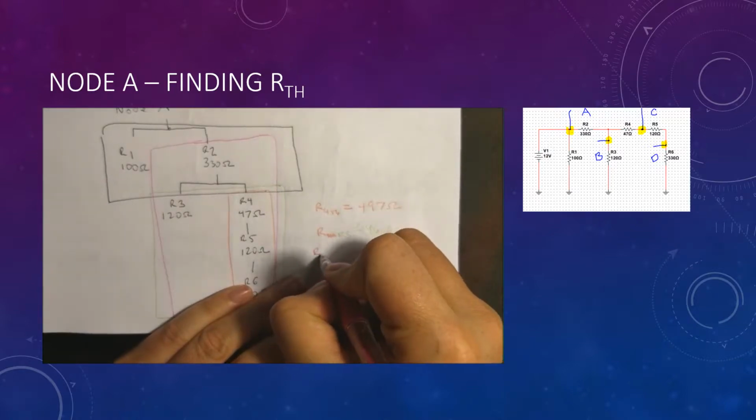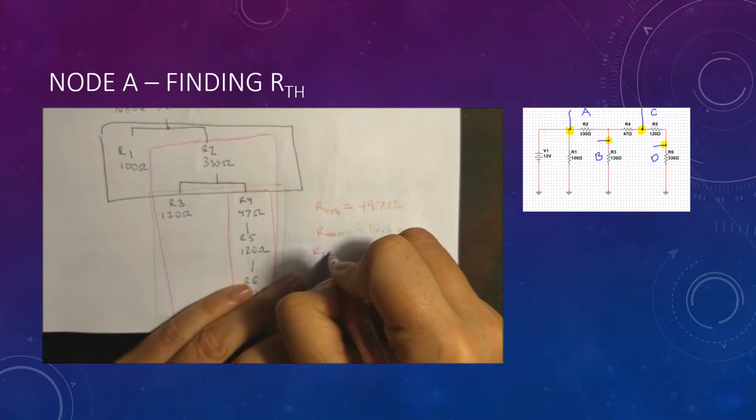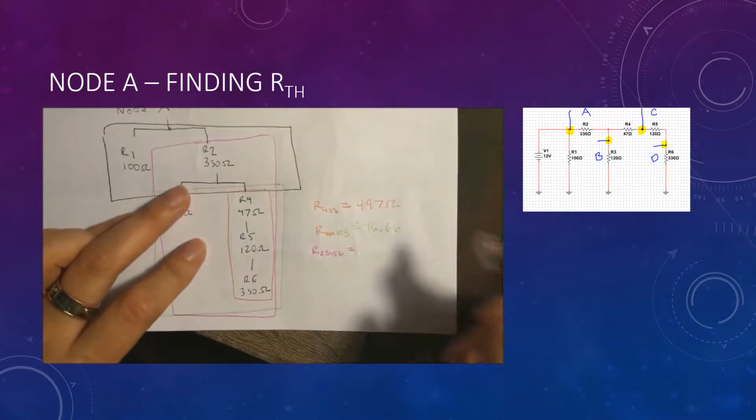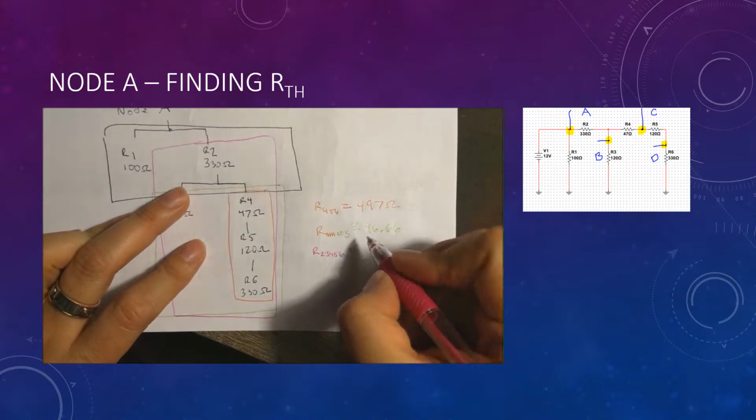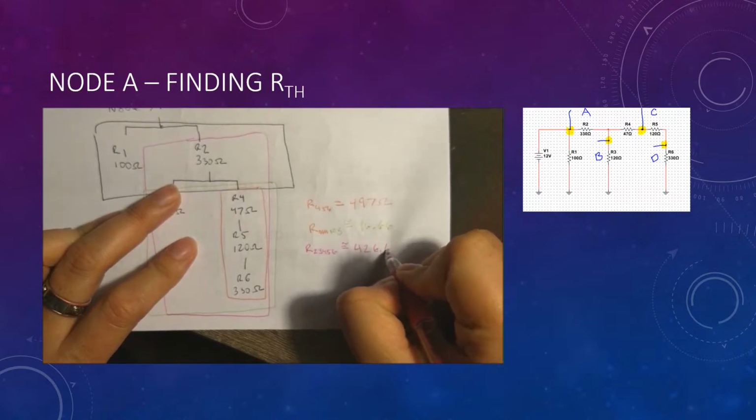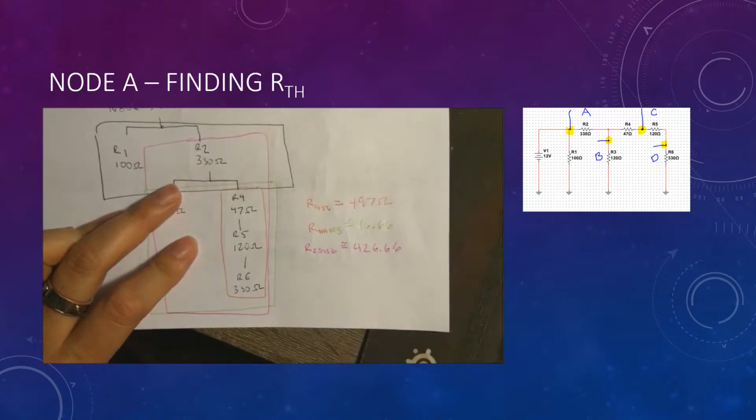We'll then take the previous answer of 96.66 ohms and solve in series with R2, giving us the answer of approximately 426.66 ohms.